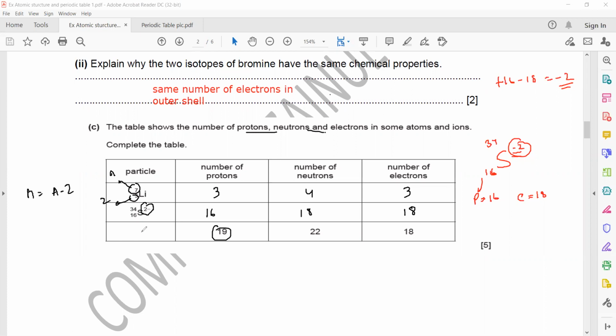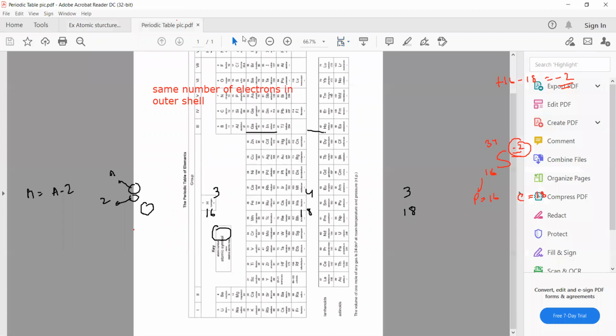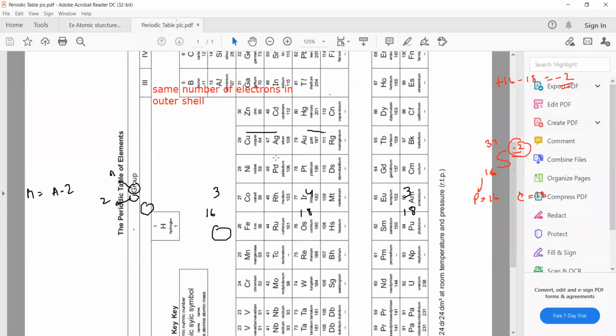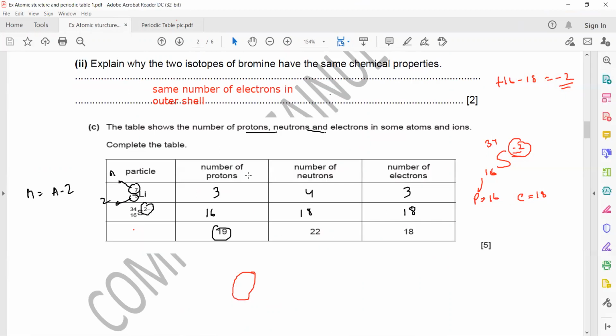And there are 19 protons. When we check the periodic table for 19 protons, because the proton number is actually the identity of the element, 19 means it is potassium, so we write K. A is the nucleon number.